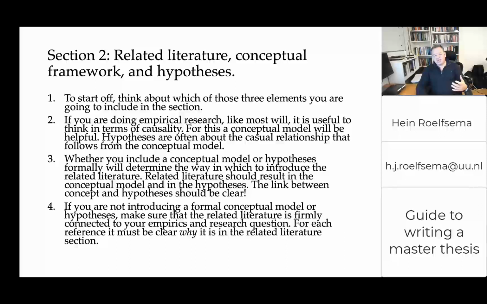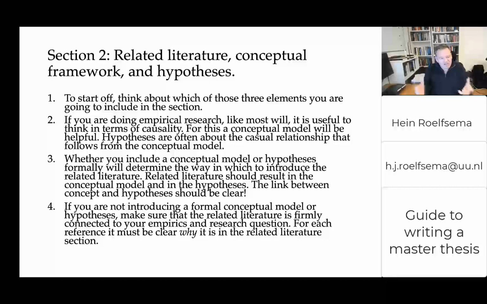So it may help to have a bit of conceptual model in mind, because a conceptual model creates hypotheses, but it also organizes the way in which you organize the related literature. So let's say if there are 3 things that determine something, you introduce where these 3 things come from in the literature. And therefore they also relate to your hypothesis. So in that way, you actually integrate these things well.